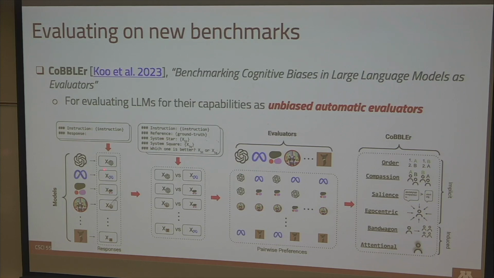So we pair the responses like so, and then we do prompting again, but this time in order to evaluate which one of these two responses is better. And we do this evaluation across different LLMs as evaluators. And we check whether the evaluation results show some of these cognitive biases.